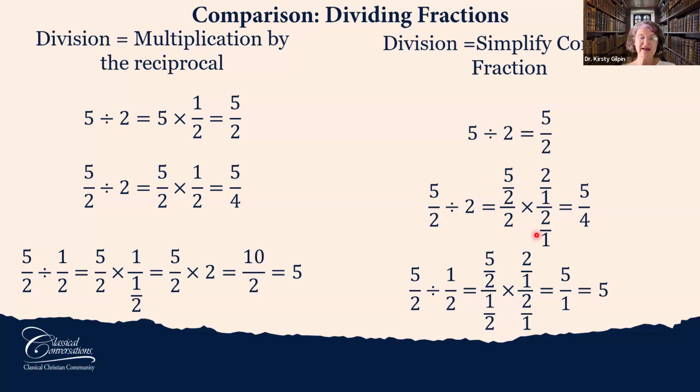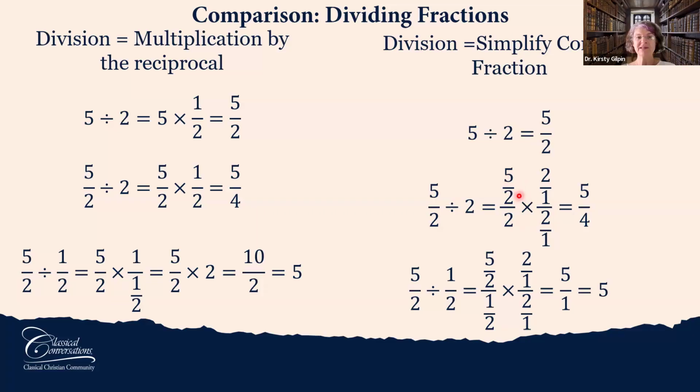And instead, I'm going to say, okay, I need to get rid of this 5 divided by 2. Well, 5 divided by 2 times 2, right, is where I would end up with my 5. So I'm going to multiply by 2. But if I multiply my numerator by 2, I need to multiply my denominator by 2.